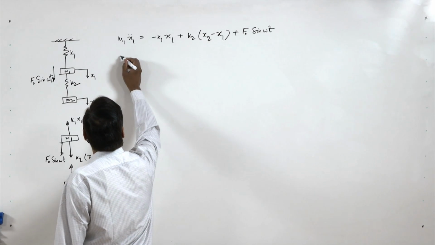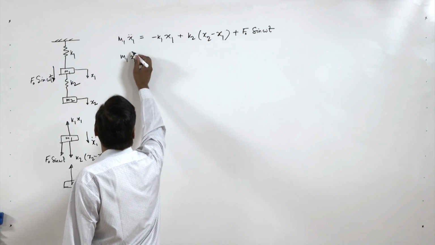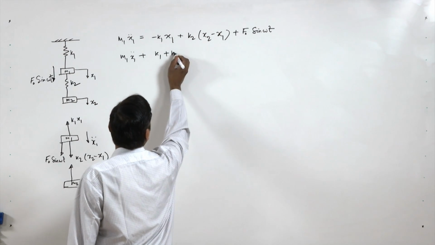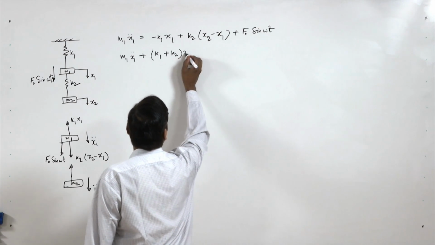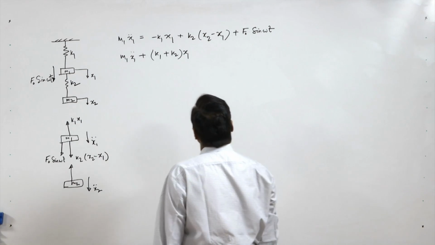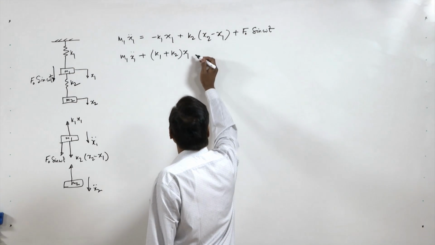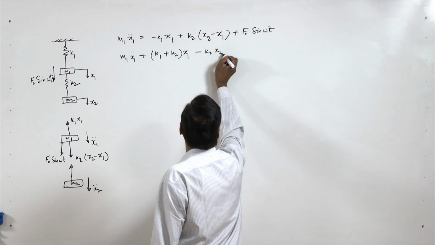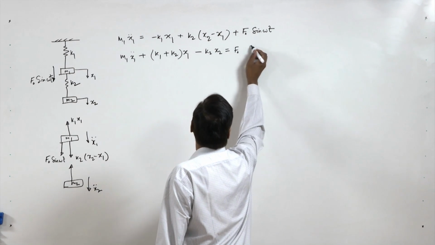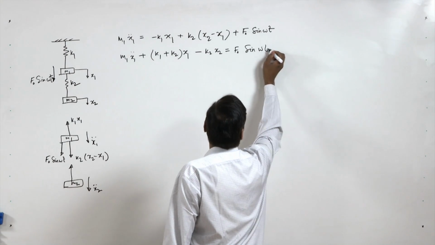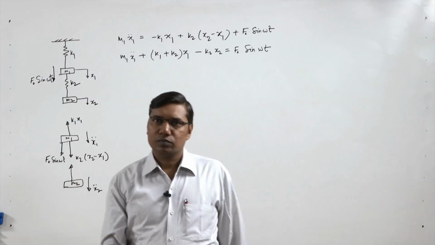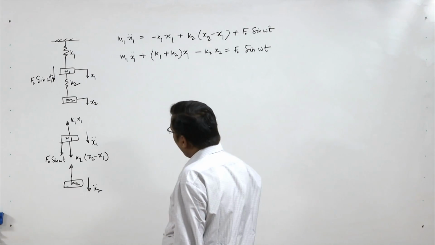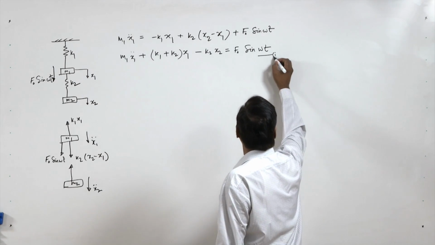So here we can write m1 x1 double dot plus (k1 plus k2) x1 minus k2 x2 equal to F0 sin omega t. Let's say this is equation number 1.